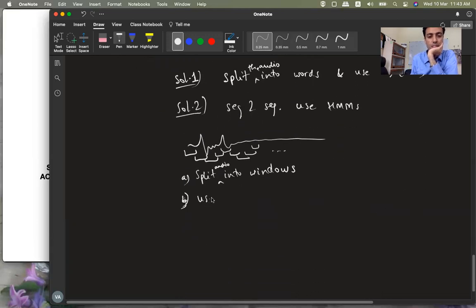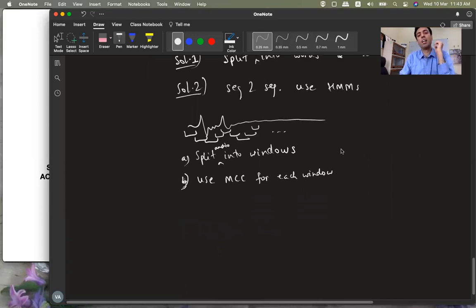Use multi-class classification for each window, right? And then what you get is a sequence of, let us say, classified phonemes.